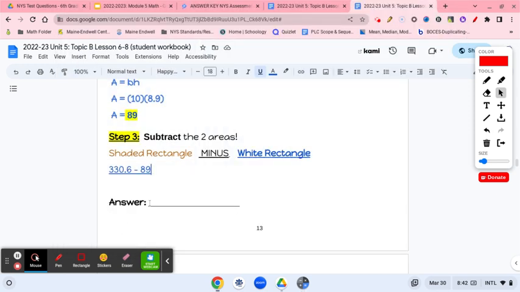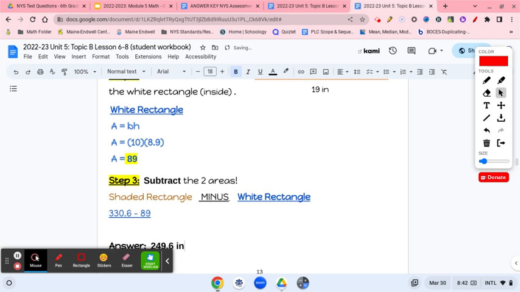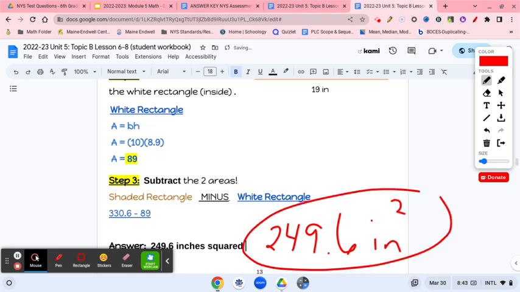So the area of this shaded region is 241.6 inches squared, because I can't find the little 2 right now. If you were to write this in your packets, it would look like this.